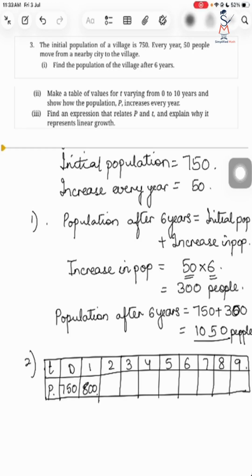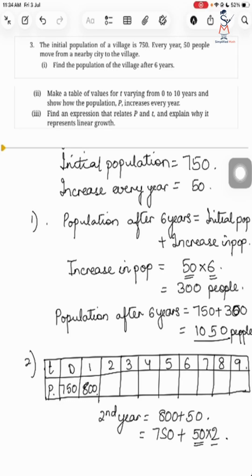Now in the second year, what will be the population? Second year it will be 800 plus 50, or we can say 750 initial population plus 50 into 2. 50 is per year increase and 2 is the number of years.